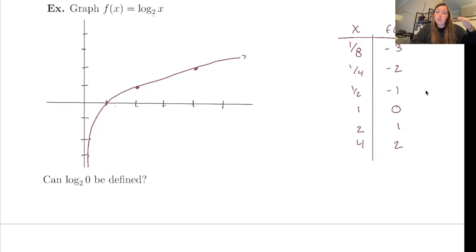So it's going to keep getting more and more negative. But can I raise 2 to any power to actually equal 0? No, it's not possible. I can get really, really close, but I can't reach 0.